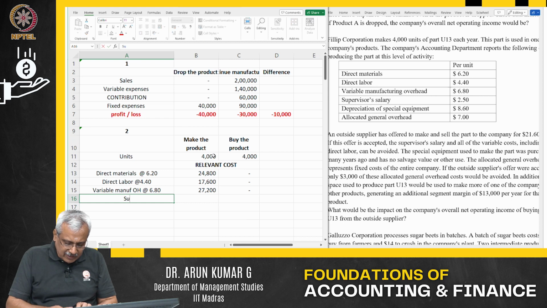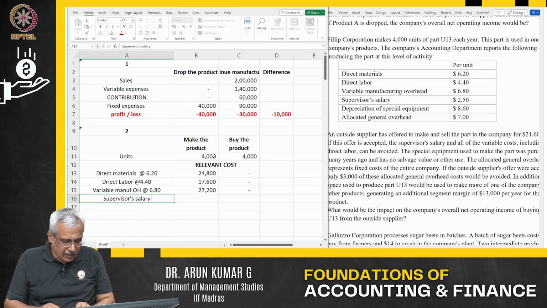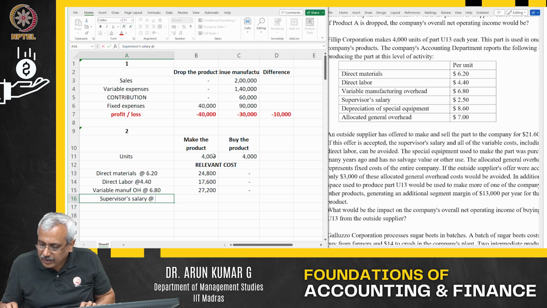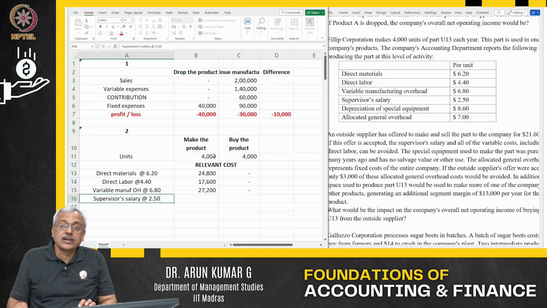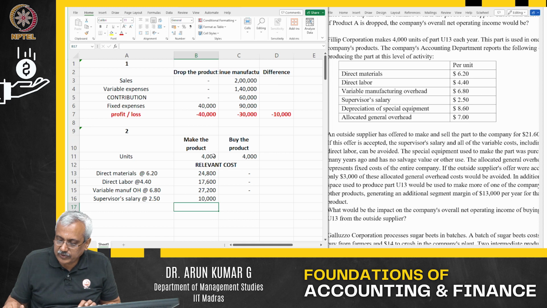Next is supervisor salary, at the rate of, what is the rate they have given? 2.50. So that is going to be 2.50 into 4000, and this is the supervisory salary.